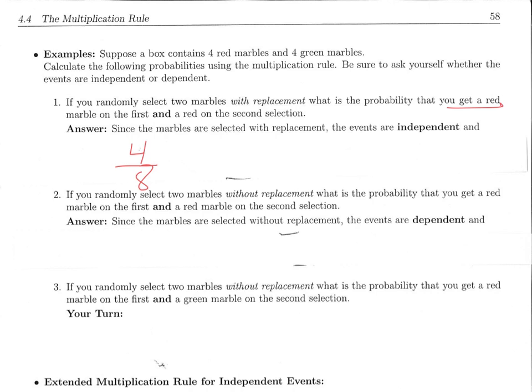And then what's the probability of getting the next one? Again, we've put the marbles back in, so there's 4 out of 8 again, because there's still 4 red marbles in there. If we do some reducing to keep these numbers easier, I'm just going to write this as 1/2 times 1/2, which is 1/4.